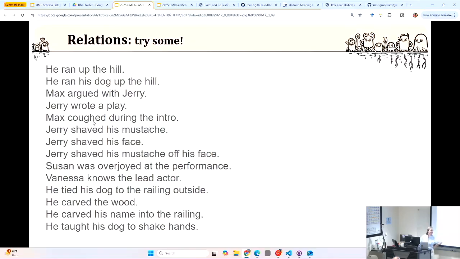Temporal for during the intro. What about Max? Was coughing this? I could see it being a theme or an actor. The guidelines have it down as an actor, so that's the direction that we've fallen in UMR, I guess.